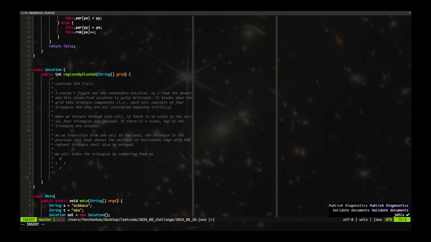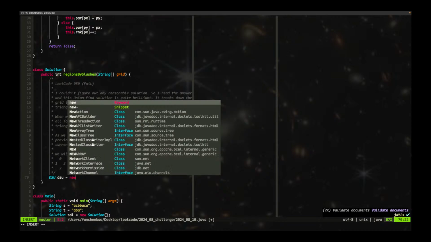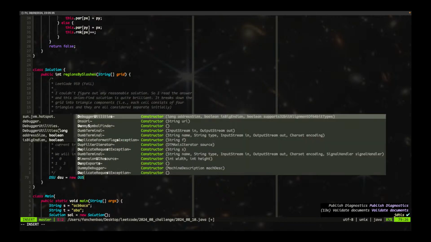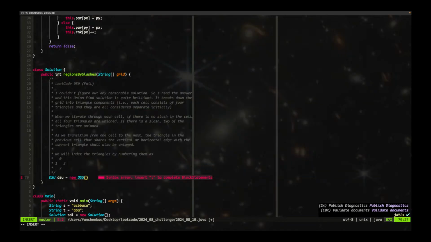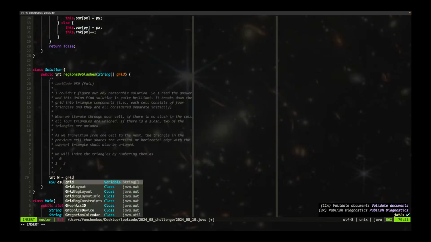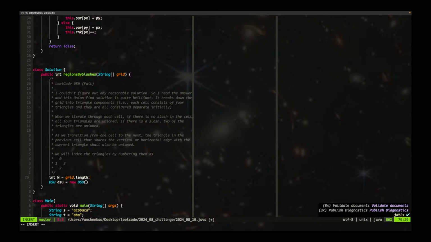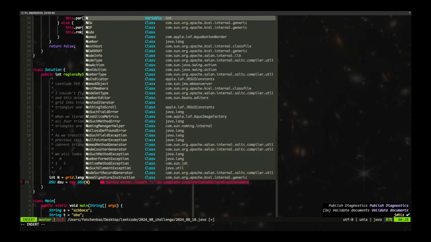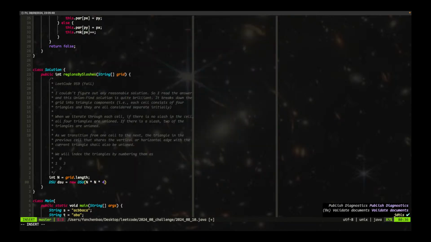Okay, so we have a union find. We can say DSU, new DSU, with int n as grid.length, n times 4. That's the total number, right? And now we're gonna go through each one of them.